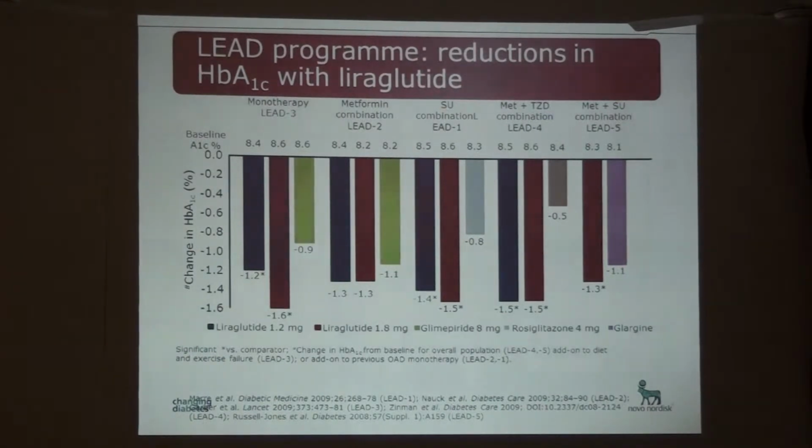In combination with 2 other agents, metformin plus rosi, there was a 1.5% reduction, and as compared to insulin glargine, that was also significant, 1.3 versus 1.1 with insulin glargine.